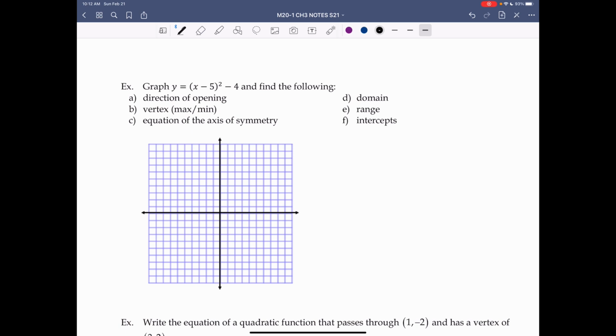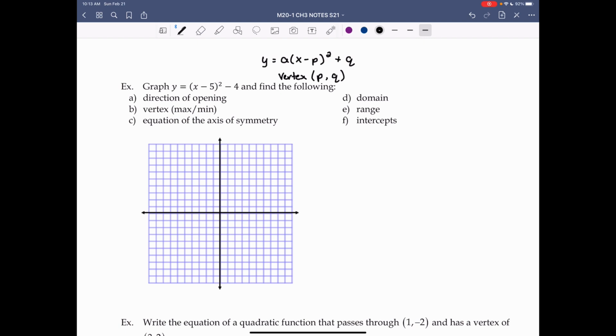That means we can read the vertex from the function. Vertex form is y equals a(x minus p) squared plus q, and the vertex is the point (p, q).